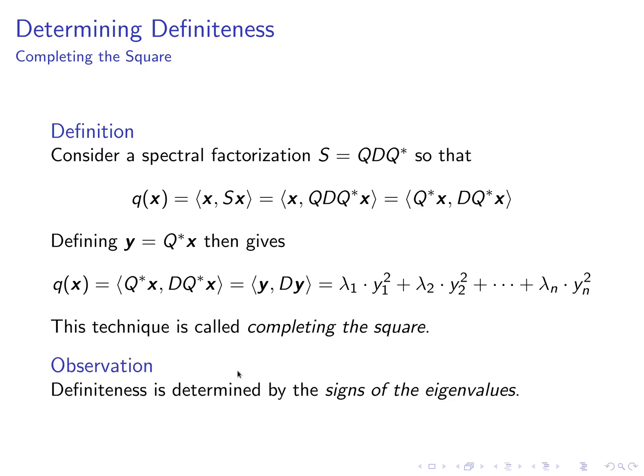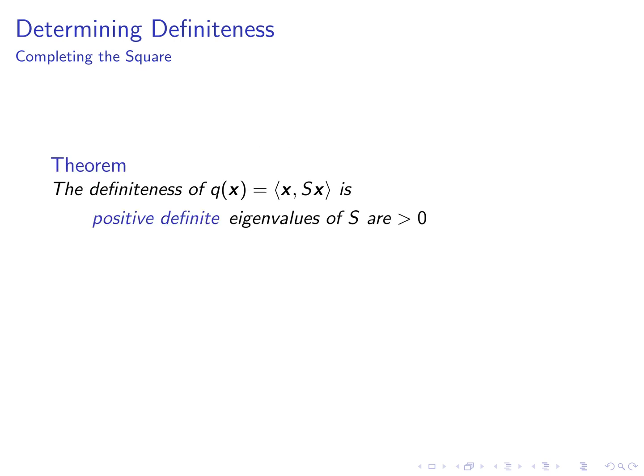And an observation we can make from this technique is that the definiteness of a quadratic form is determined by the signs of the eigenvalues of the Hermitian matrix corresponding to that quadratic form. And we can state this more rigorously as a theorem.